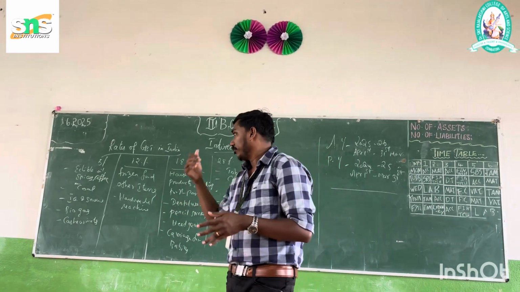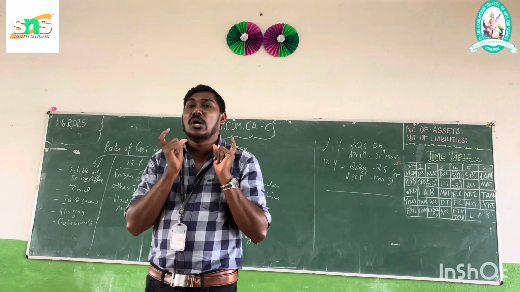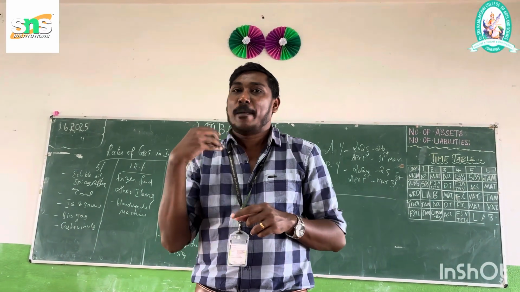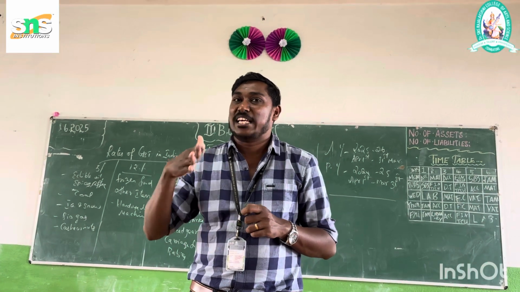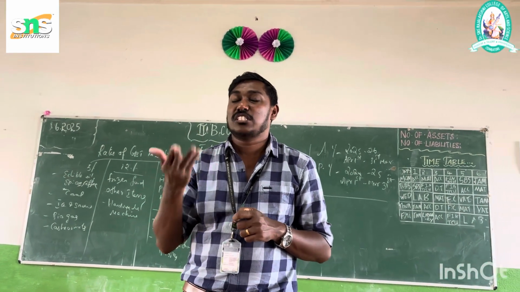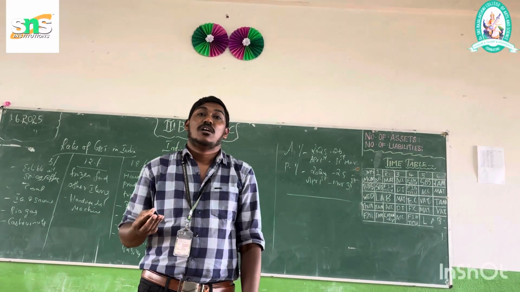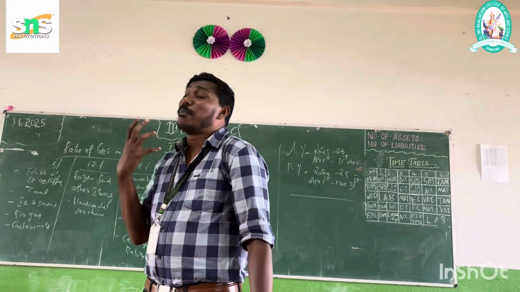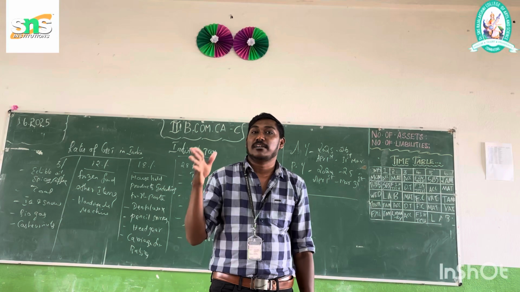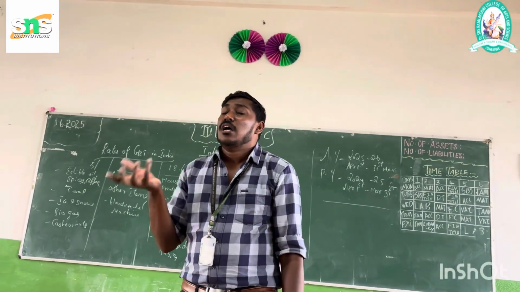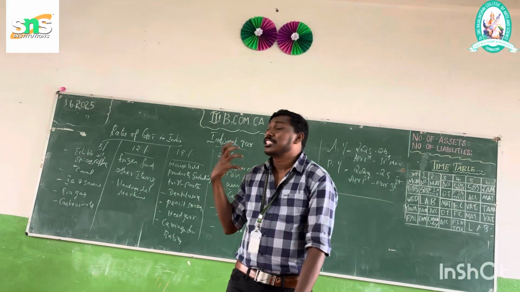So the first one, 5%. What are the products on which we pay 5% GST in India? The first one is edible oil. The second one is spices like cardamom, pepper. The third one is coal.